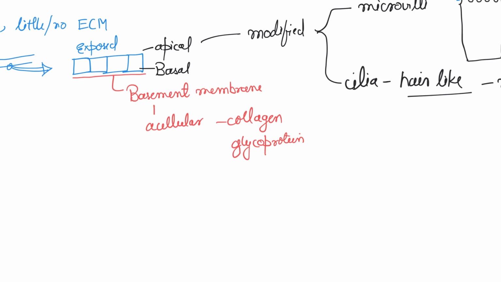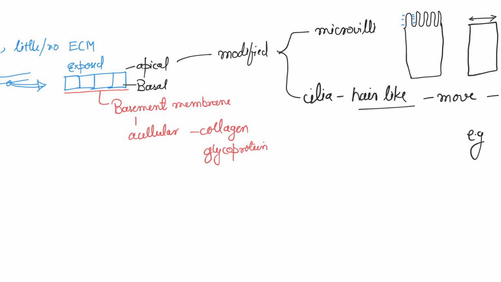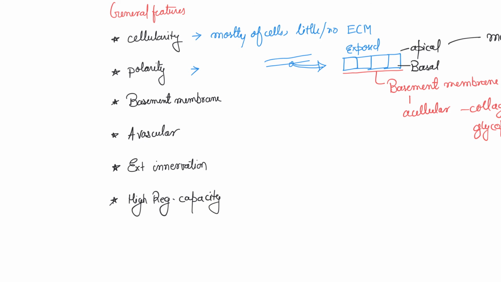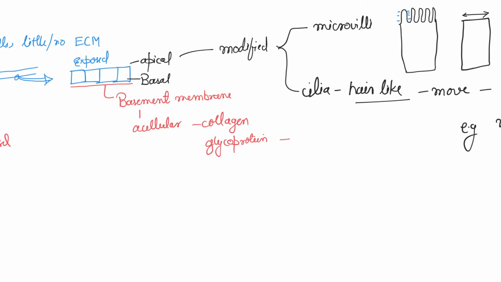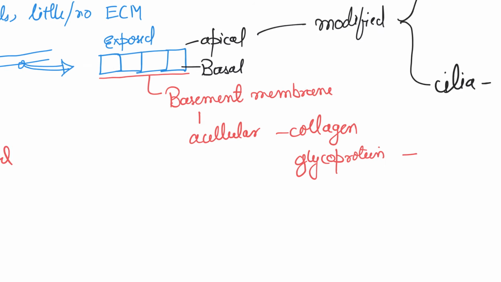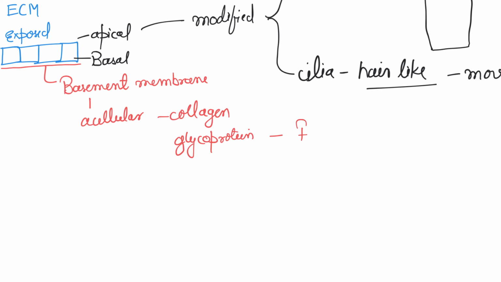Now what's the function of this basement membrane is pretty important. The next property we'll be talking about is avascular. I'll come back to this. So epithelial tissue is avascular. That means no blood vessel enters the tissue, right? So this is where the basement membrane comes in. The basement membrane would act as a filter, right?